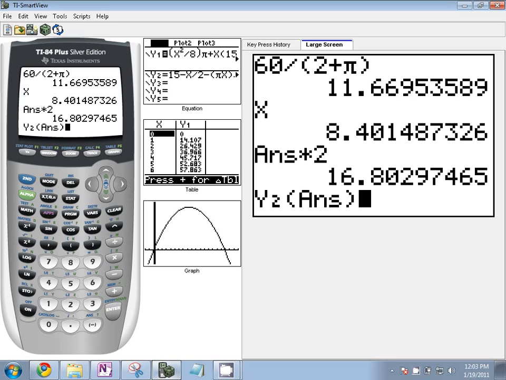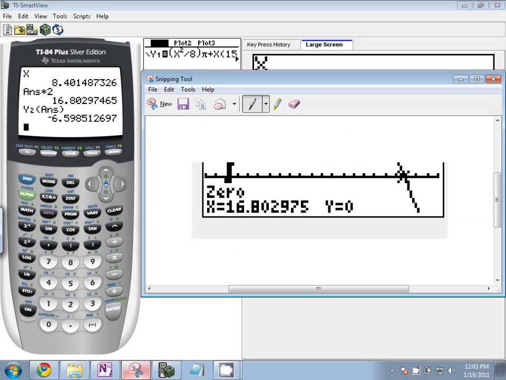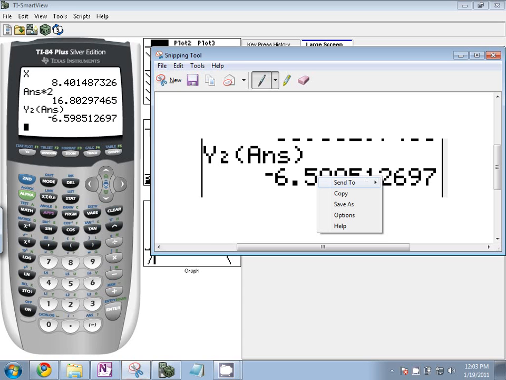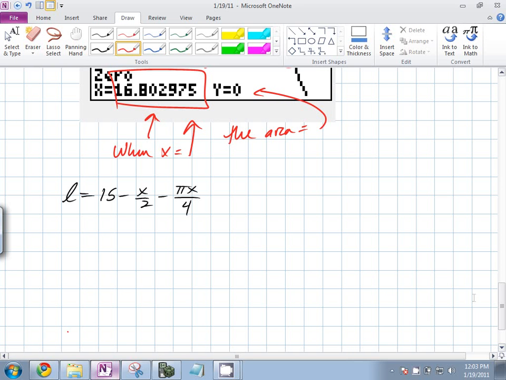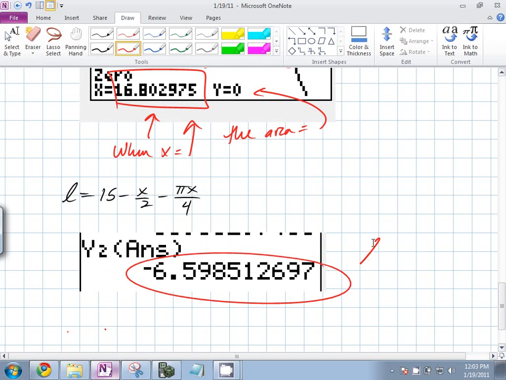So what's the L value? What's the problem? There's no area, and the L value came out to be negative. L less than 0, is that allowed? No. No negative lengths.